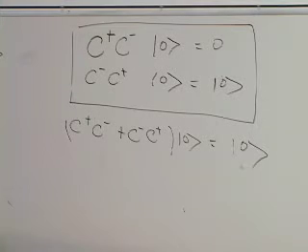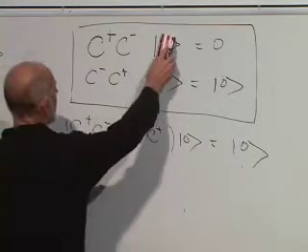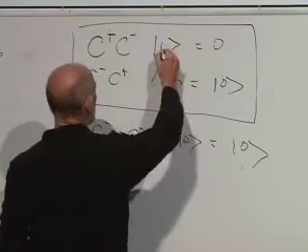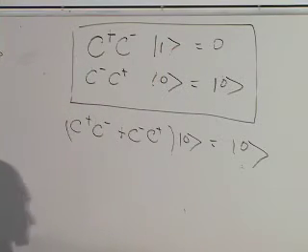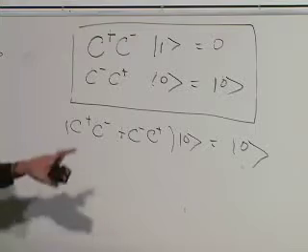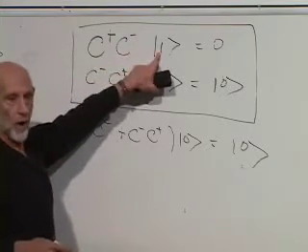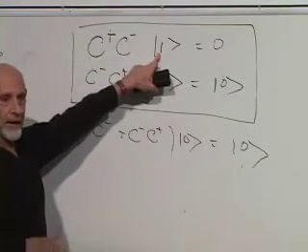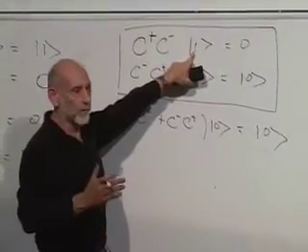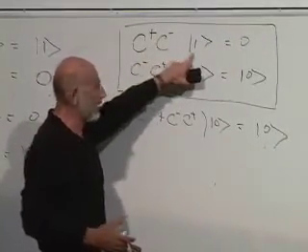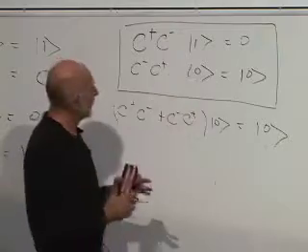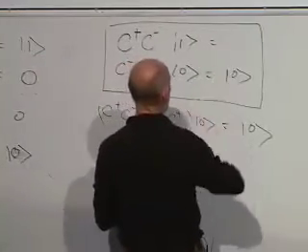All right, let's now do the same thing acting on 1. What is C minus C plus acting on 1? Well, C minus, when it acts on 1, takes the particle away and leaves O, the vacuum. And then C plus puts it back, right? So this gives 1 back again.